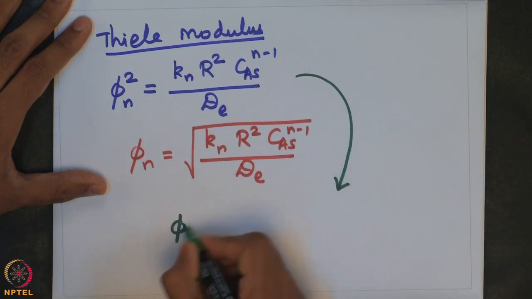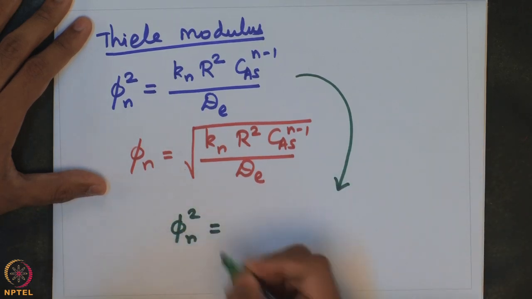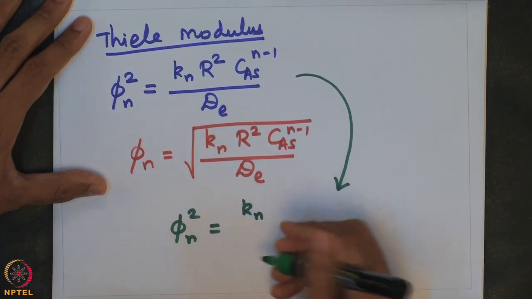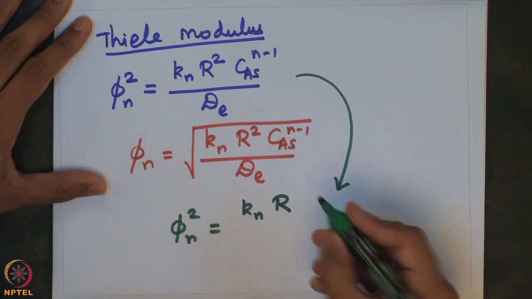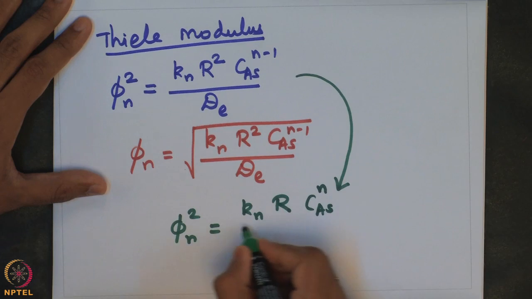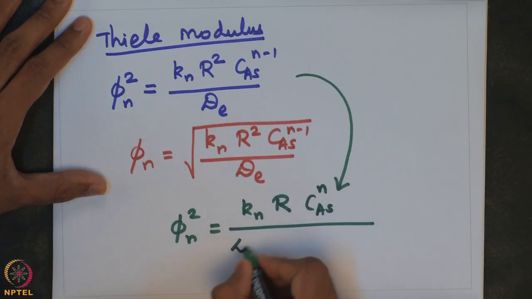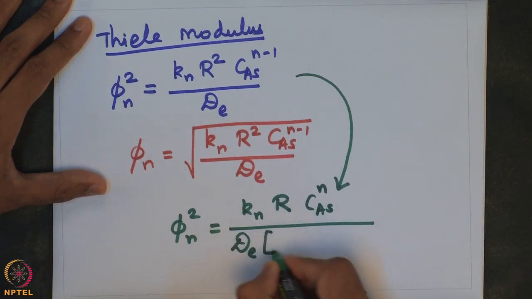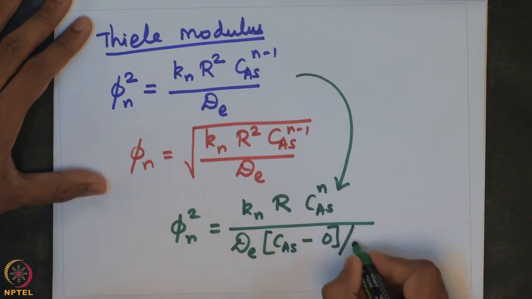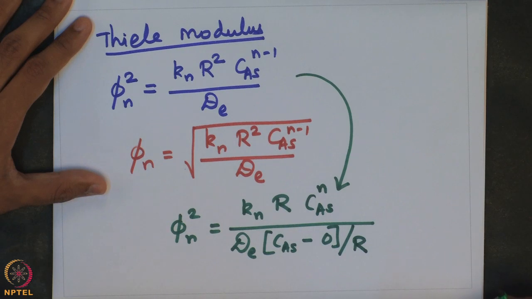We can rewrite this expression as phi n square is equal to Kn into r multiplied by Cas to the power of n divided by dE into Cas minus 0 divided by r.